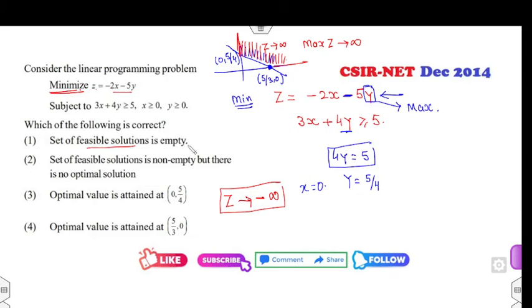So the feasible solution is empty? That's wrong, because you have this feasible area. The feasible region is non-empty, fine, but there is no optimal solution. Yes, there is no optimal solution. Optimal value is attained at (0, 5/4)?